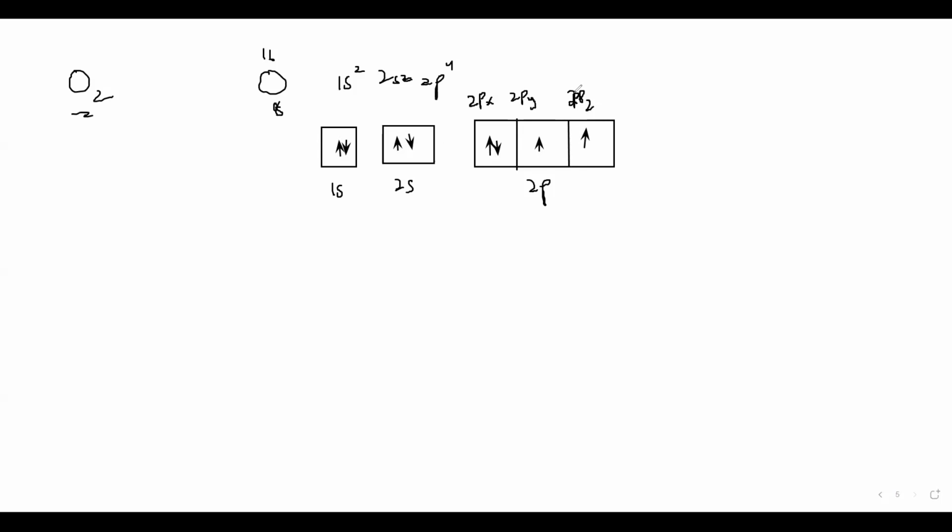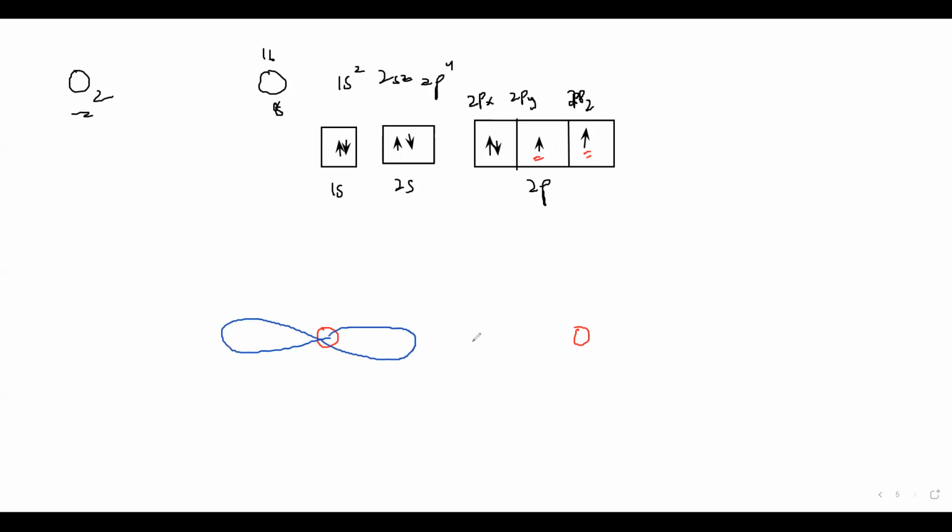So when the oxygen molecule is formed, say this is one oxygen atom, this is another oxygen atom. I will draw only the orbitals to show the overlapping. Px is complete. It does not have to form a bond. So we are left with Py and Pz.